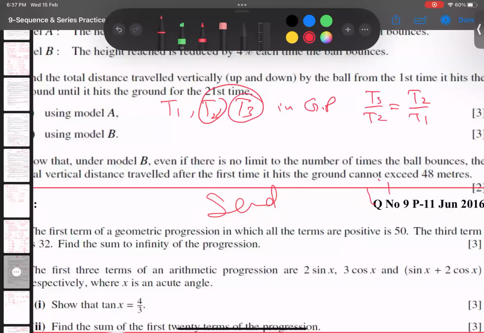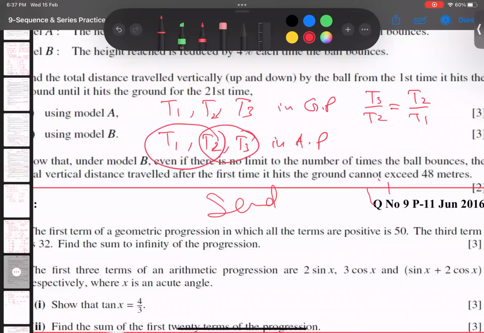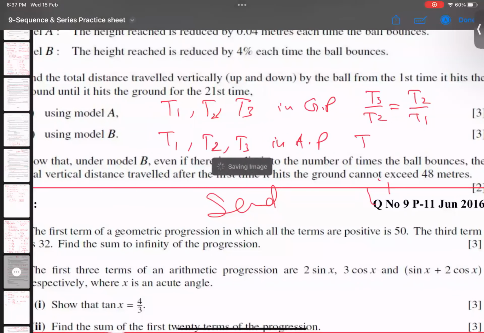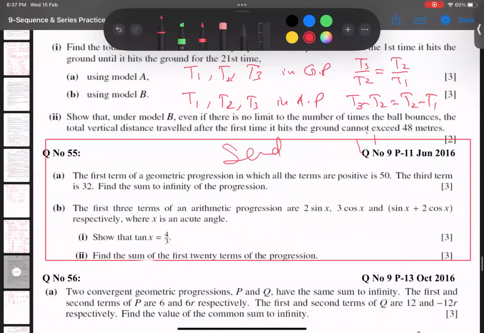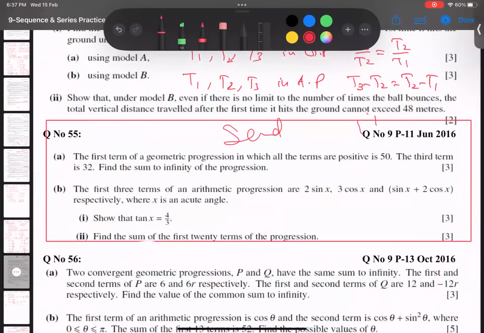But if T1, T2, T3 are in arithmetic progression, the common difference is equal: T3 minus T2 equals T2 minus T1. I will use this link here, and let's start.